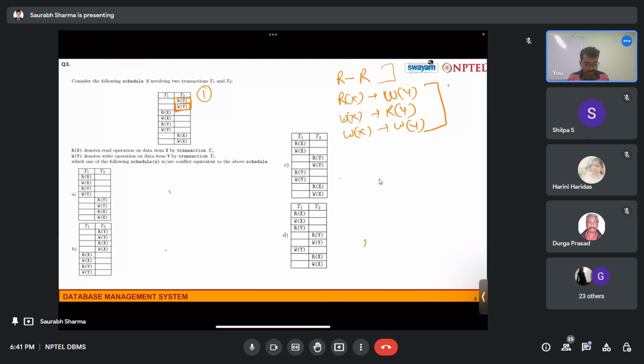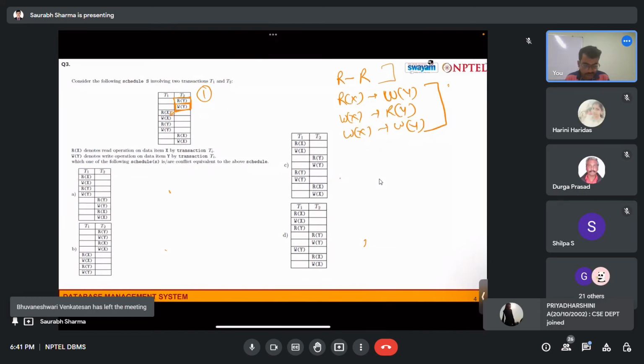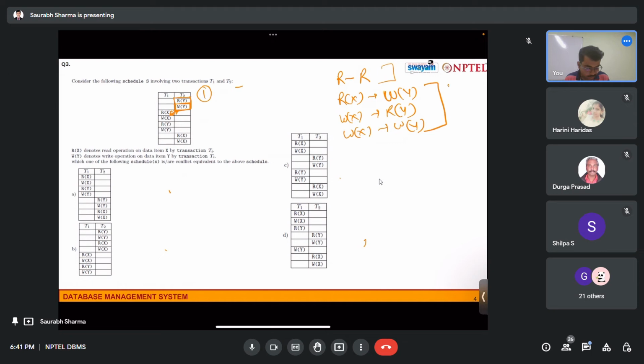There is Rx adjacent to it, so we can swap between these two. What will be the next one? There is T1 and T2. If we swap between these two, next we can do it like Ry and Wy and so on.